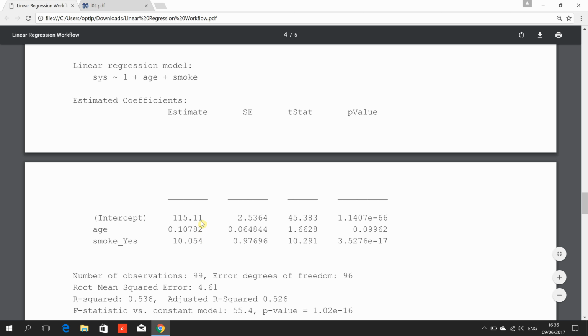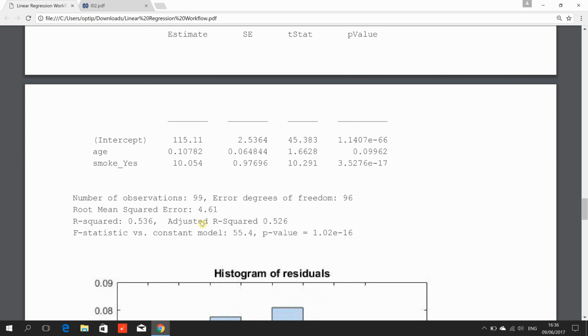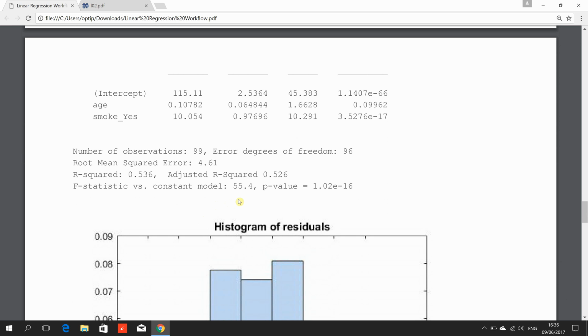And the intercept value is 115.11. And you see here that the F value is 55.4 and the p-value is 1 by 10 to the minus 16. So what does that mean?